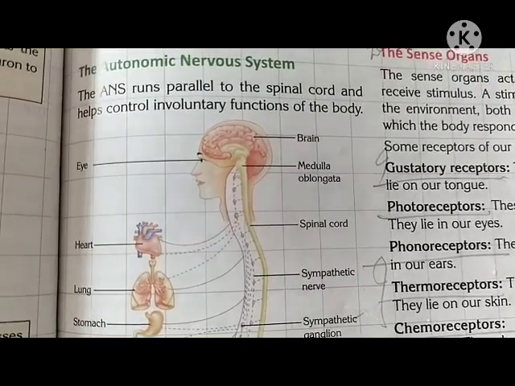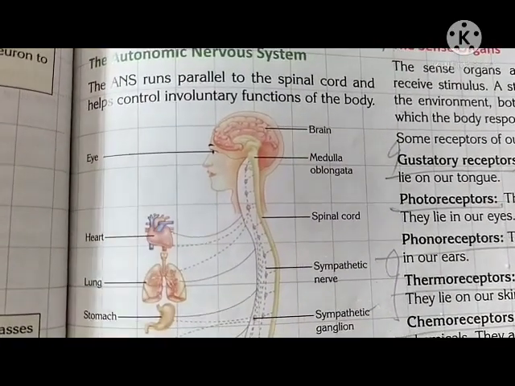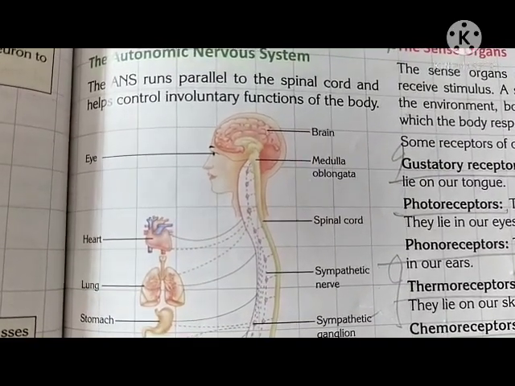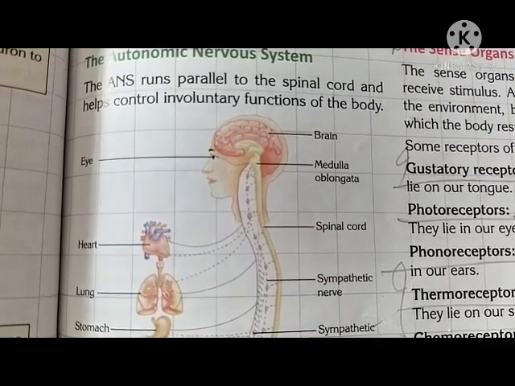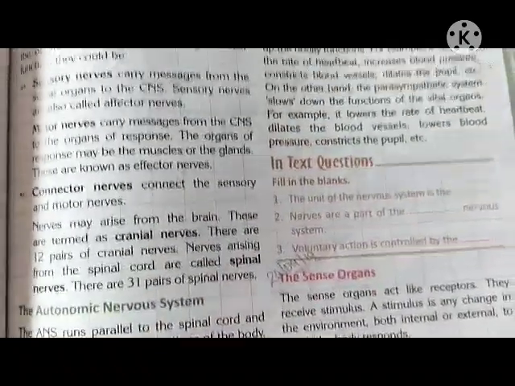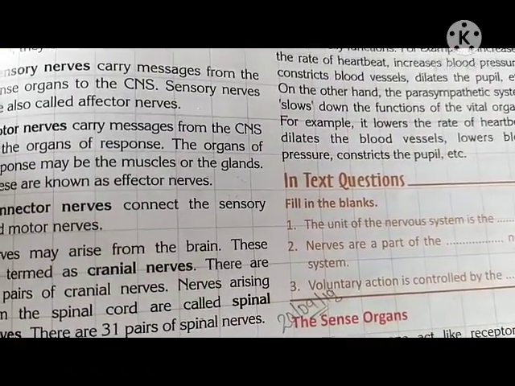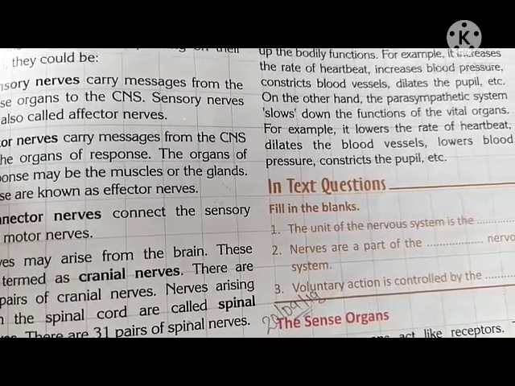There are many functions in our body which are not governed by our willpower, that we can't control, like the rate of heartbeat, increasing and decreasing of blood pressure, dilation and contraction of the pupil. We can't control these functions. All these functions are governed by the autonomic nervous system.